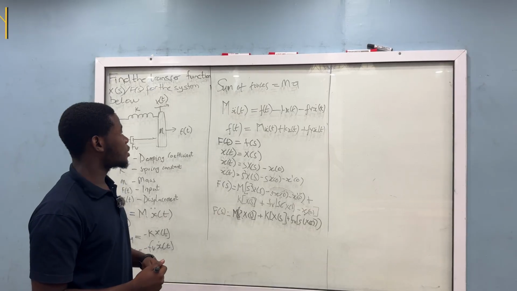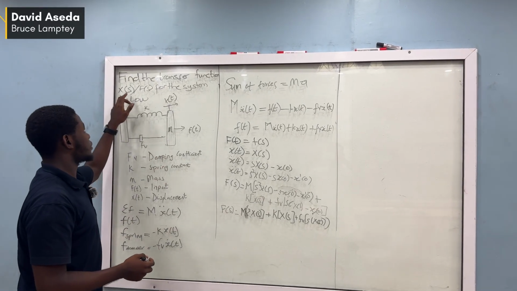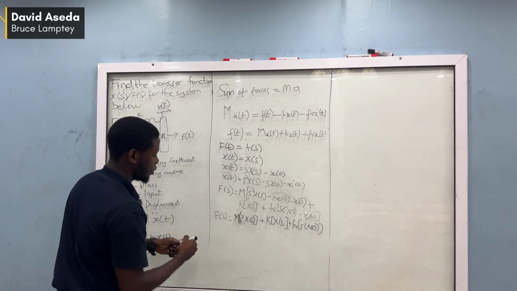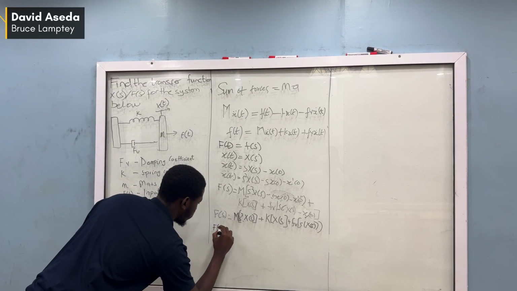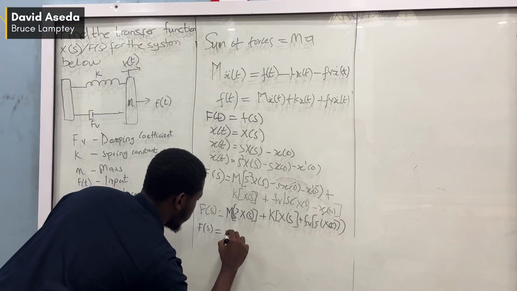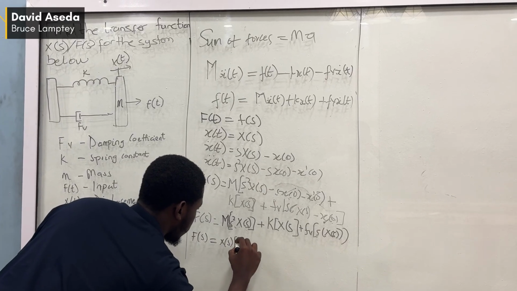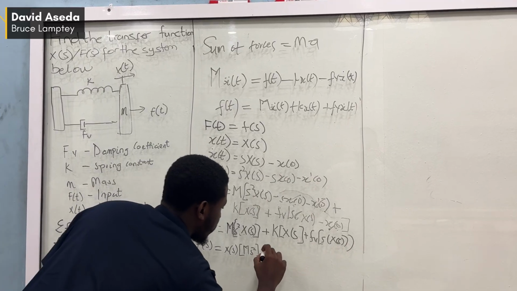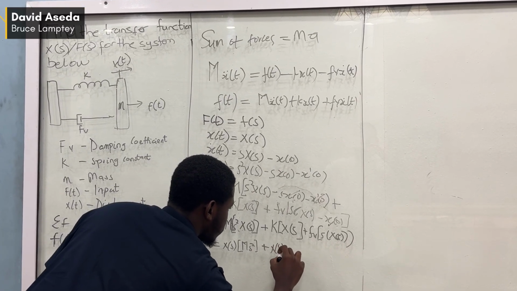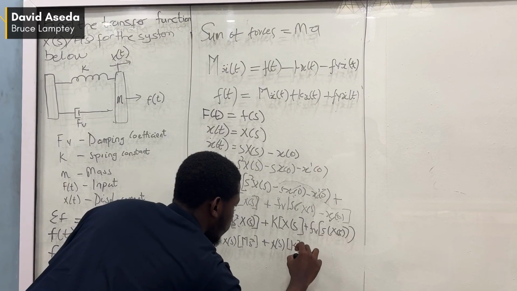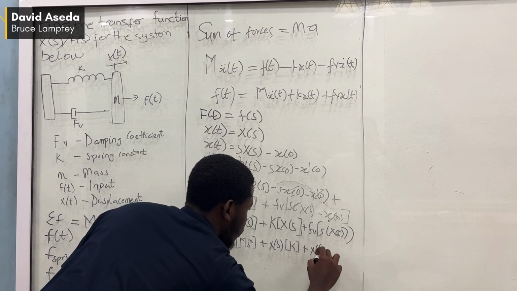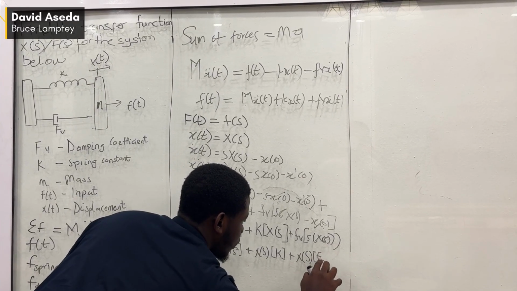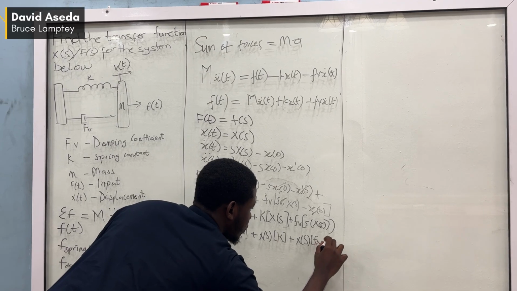Thank you. Since the transfer function is in the form X(s) over F(s), we have to factorize X(s) out of this equation. So you have F(s) equal to X(s) times (m s squared plus k plus Fv s).